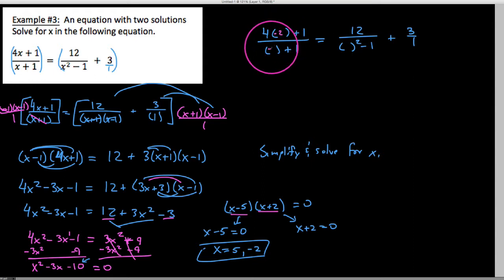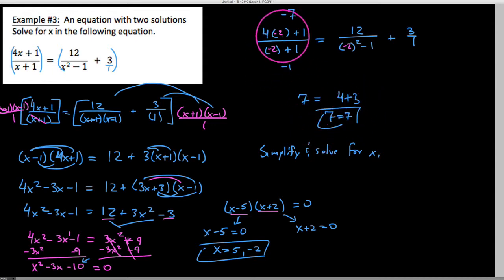I'm always suspicious of negative values here. Up here I would get negative 8 plus 1, which is negative 7, and negative 1 down here. So negative 7 over negative 1, or 7, would be equal to, over here, if we square the 2, we get 4 minus 1 is 3. And so 12 over 3 is 4, and 4 plus 3 gives us 7 equals 7. So that works when we use negative 2.